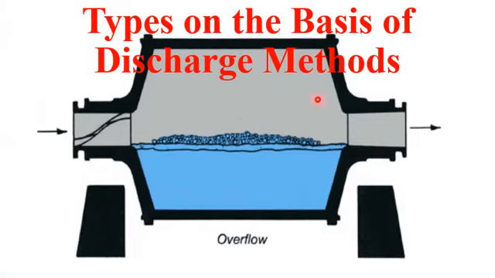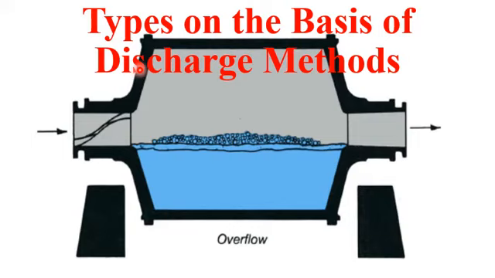So dear student, please note that the fourth type of ball mill machine is based on the discharging method of the precursor or bulk material. Based on discharging method, the ball mill machines are divided into three main types.